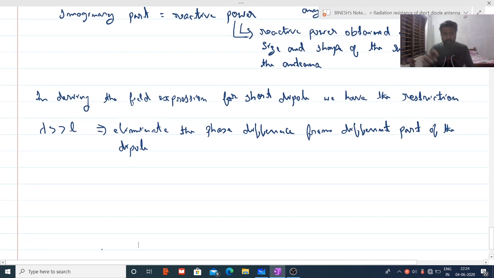I will consider that L is equal to lambda by 2.